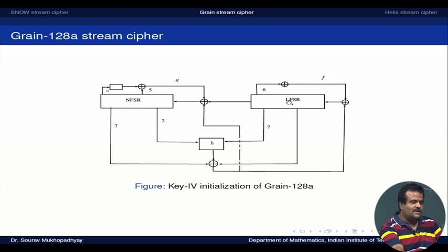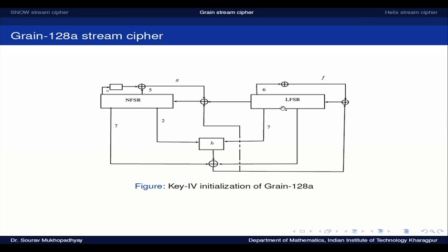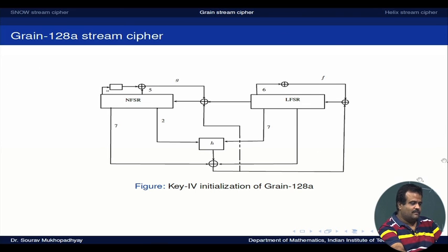We put the IV into the first 96 bits of the LFSR, followed by all ones, and the last bit is 0. That is the initial storing of the NLFSR bits and the LFSR bits, and then we clock this 256 times.